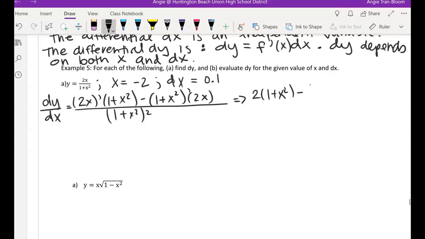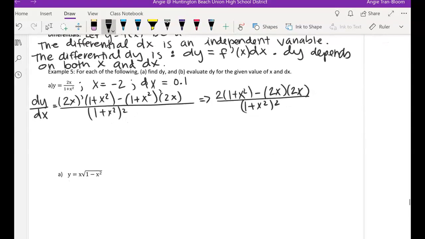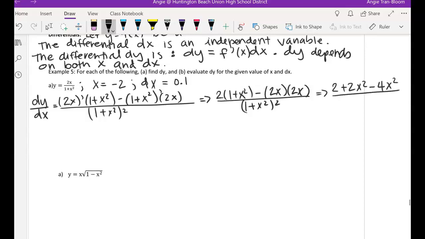So the derivative of that is going to be 2x times 2x all over your denominator, which is 1 plus x squared. Let's keep on going. We are going to have 2 plus 2x squared minus 4x squared all over 1 plus x squared. That will keep on going to give me negative 2x squared plus 2 all over 1 plus x squared.